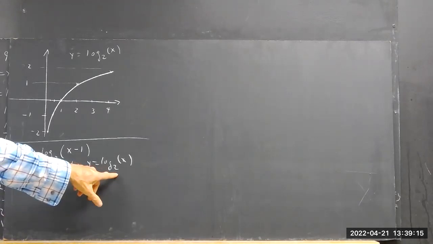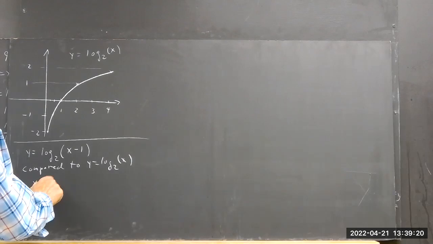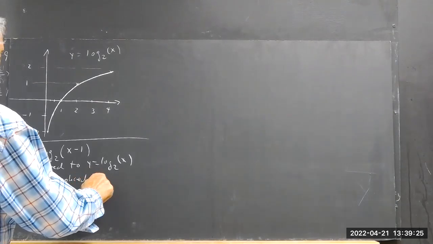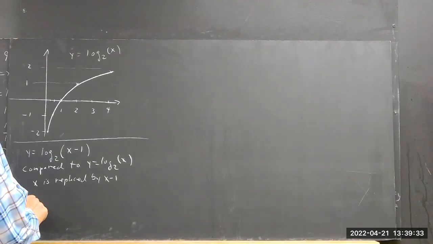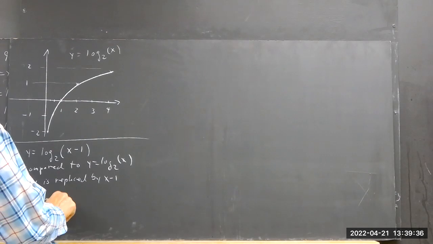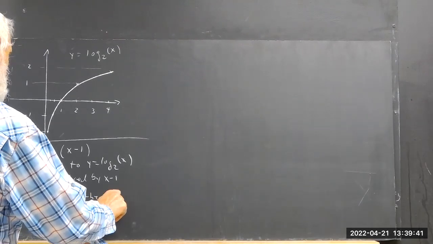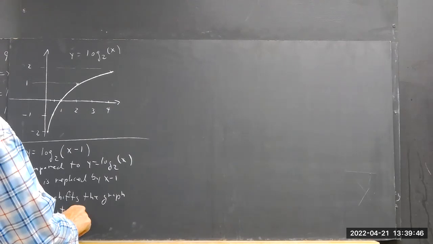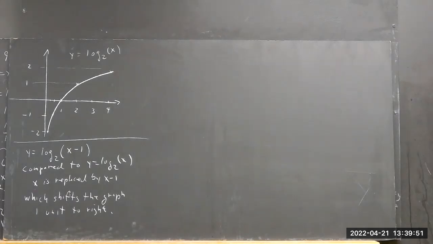Compared to y equals log base 2 of x, x is replaced by x minus 1. And that shifts the graph 1 unit to the right.